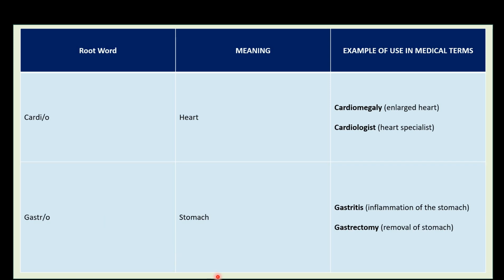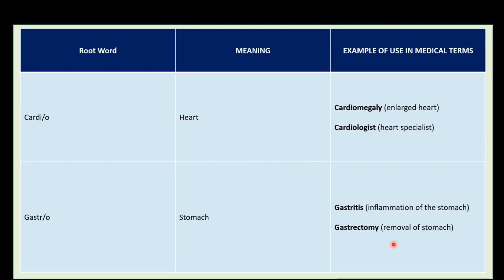Then we have gastrectomy. Gastrectomy means removal of the stomach. Now here is one point I want to mention. Usually people learn medical terminology by firstly learning the prefix, then the root word, and then the suffix. But I made a bit of a change here because I want to relate the suffixes and prefixes.